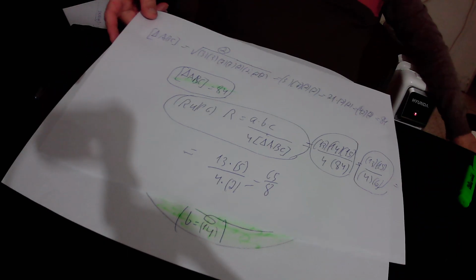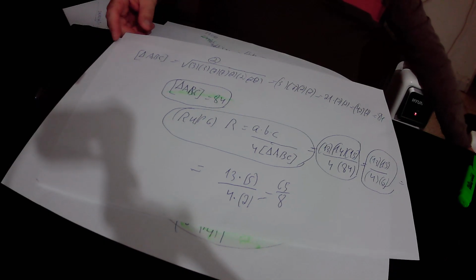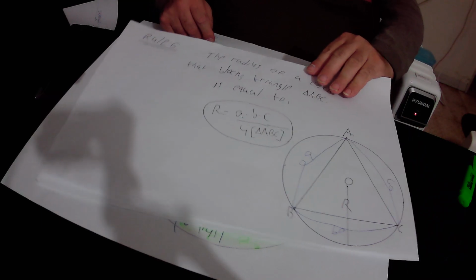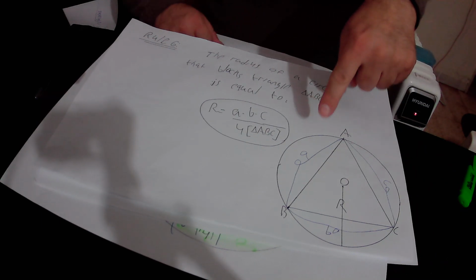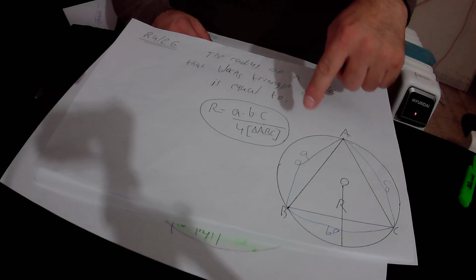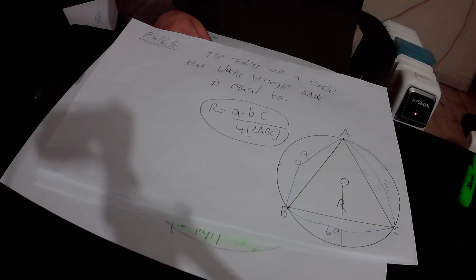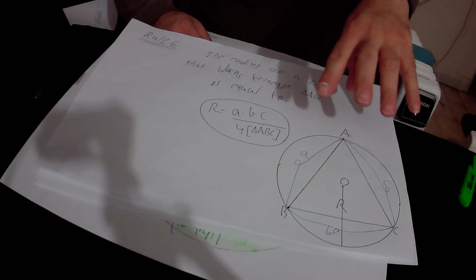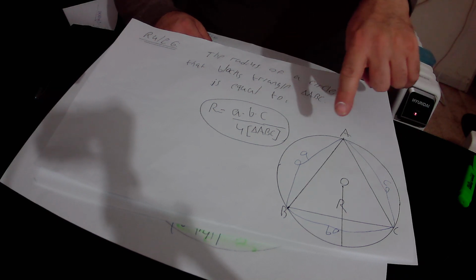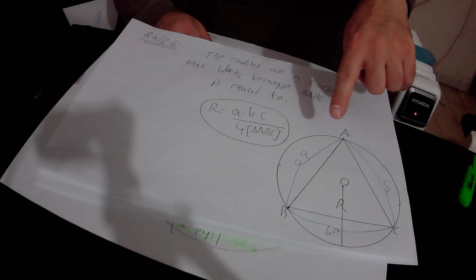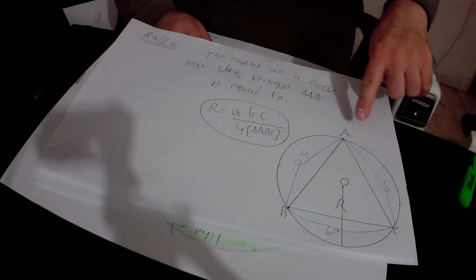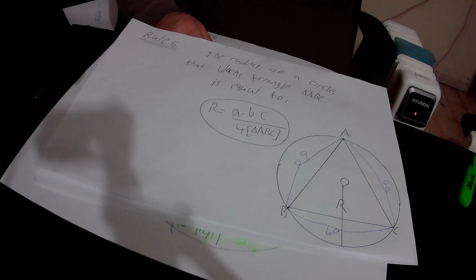Then I presented to you rule number 6, and we implemented rule number 6 in our drawing. According to rule number 6, in the drawing we have a circle that blocks this triangle ABC. According to our definition, the radius of this circle is R. The length of side AB of this triangle equals A units, side BC equals B units in length, and side AC equals C units in length.